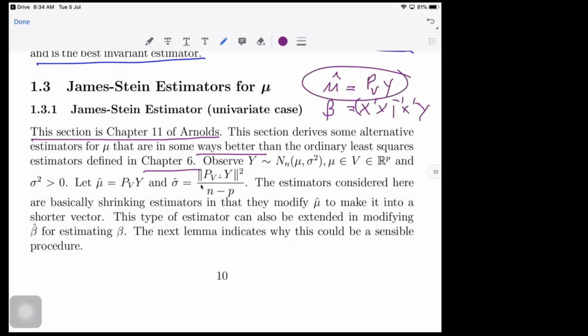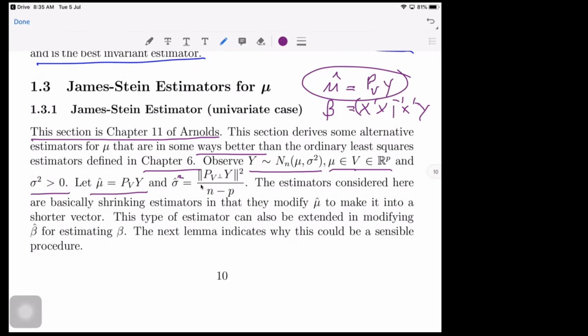Let us recall the simple mu hat: in chapter 6, you have a y which is normally distributed with mean mu and variance sigma squared, where mu is in V, which is p-dimensional, and sigma squared is positive. This is how we define mu hat, the projection of y onto V, and sigma squared hat is the squared norm of the projection of y onto V perp divided by n minus p.